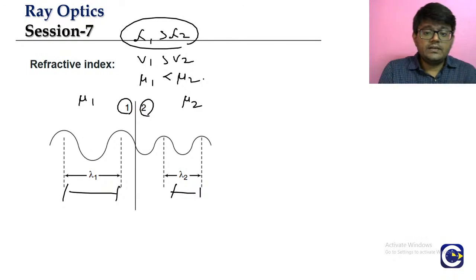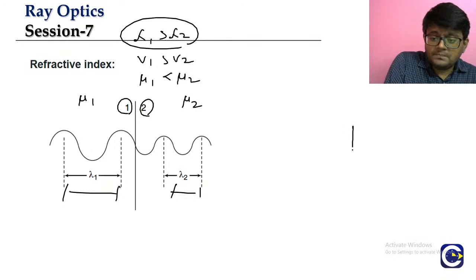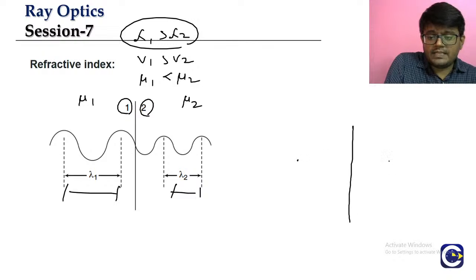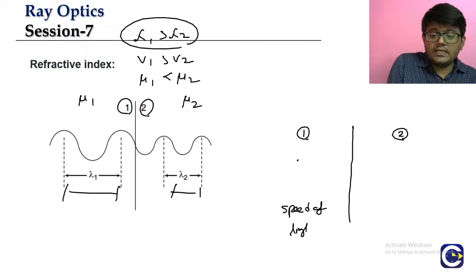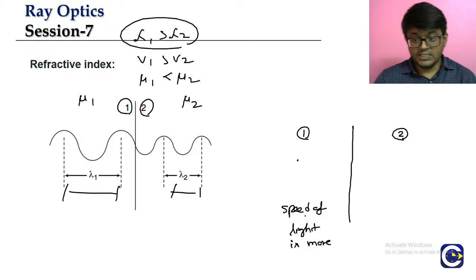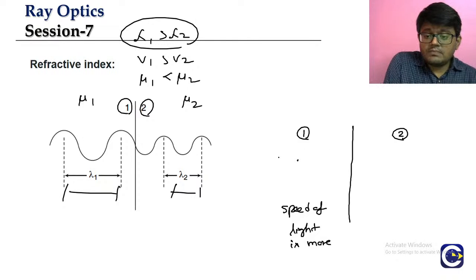Now when the light is moving from one medium to another, this is medium 1, this is medium 2. Here what do we see? The speed of the light is more in medium 1. In this particular case, the speed of light is more. Now this is the normal.